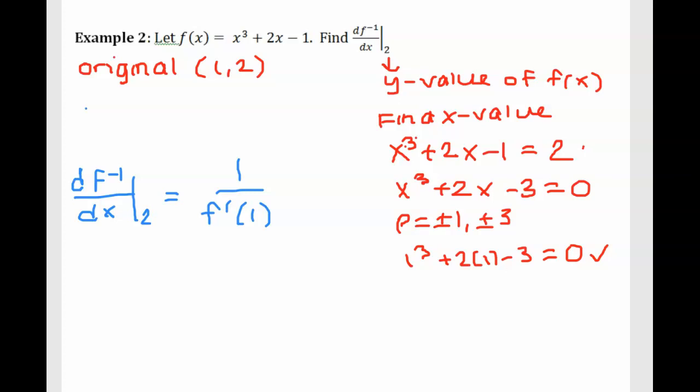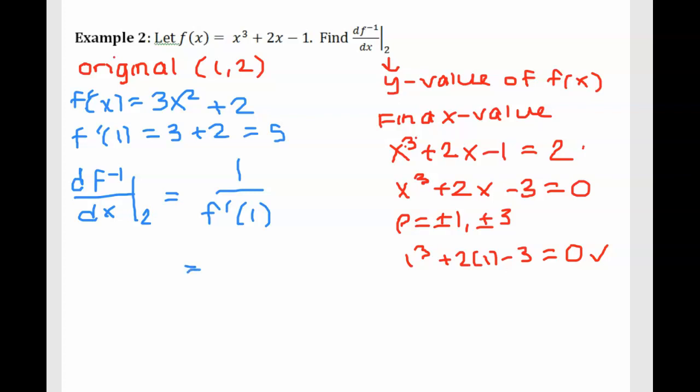So that tells me that I need f prime at 1. And my inverse is 1 over 5.